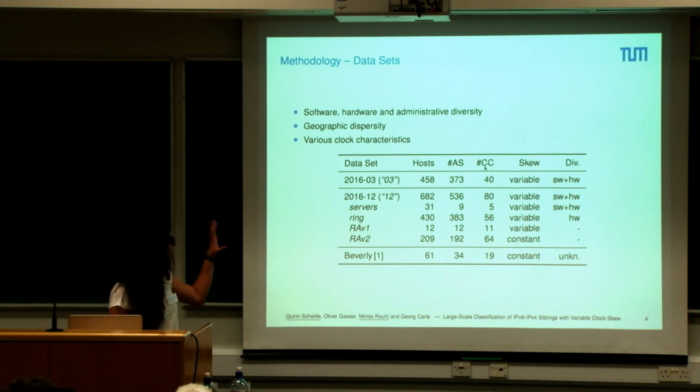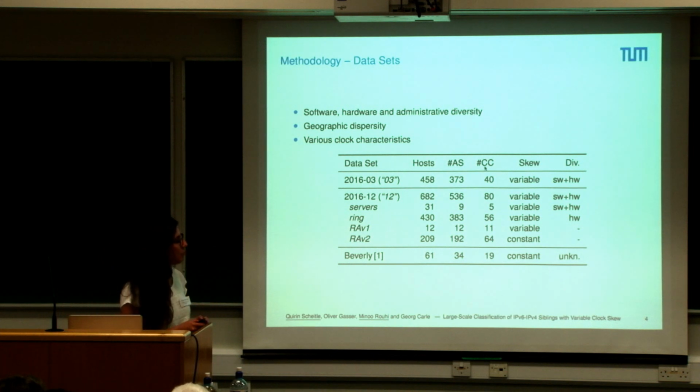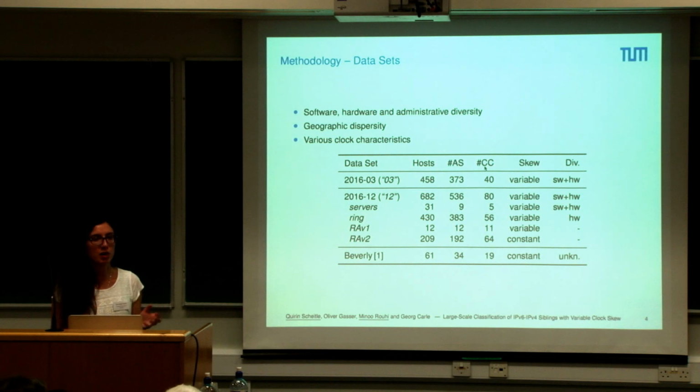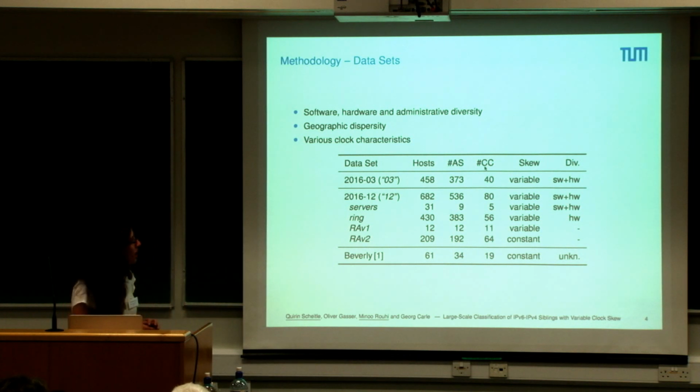And what I want to mention here is that we try to better generalize and capture a more representative sample of IP siblings in the internet by introducing different types of diversity in our dataset.